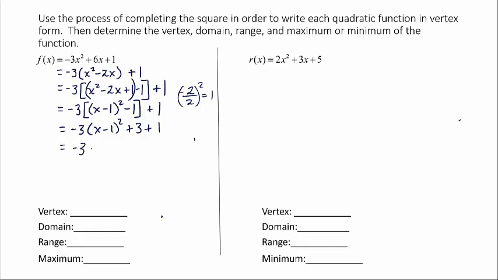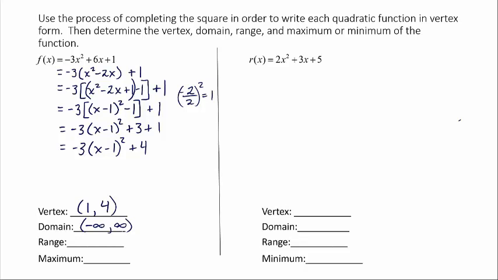Okay, so just to further clean this up, I have negative 3 times the quantity x minus 1 squared plus 4. So what's the vertex of that? The h, k value right there is 1, 4. The domain, it's a quadratic, right? So the domain is all real numbers, negative infinity to infinity.